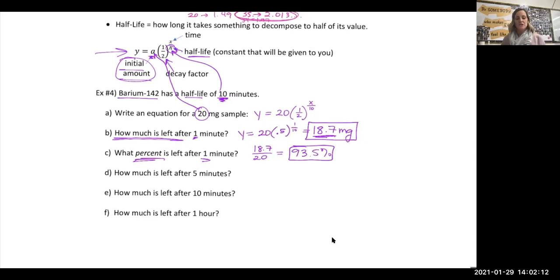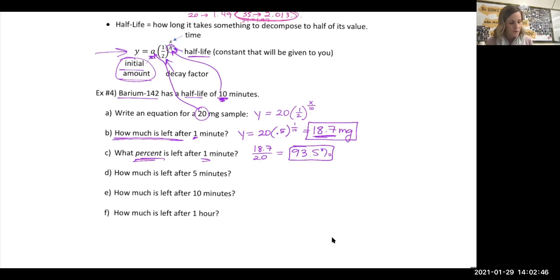Then it says how much is left after 5 minutes. Here's what I would do on your calculator. If you go second enter and then second enter again, because you probably just plugged in 18.7 divided by 20, you should be getting the last entry on your calculator. Don't retype it in every time. Just go back, arrow over, and just change that 1 to a 5. Again, if you need help on how to do that, shoot me an email. I can show you in class later.